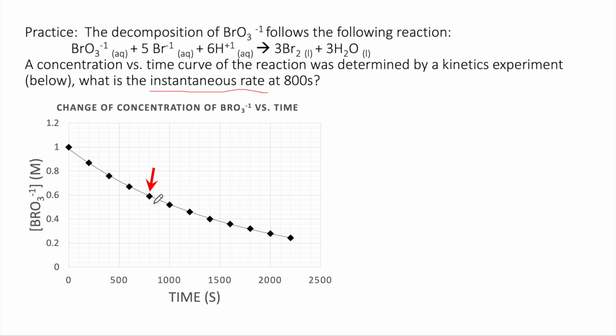At this point in time, what is the rate of change at 800 seconds? Not the average, but the instantaneous rate. And if you need to, you can go back to the beginning to find the differences between average and instantaneous. So go ahead and figure this one out, put in your answer, and good luck.